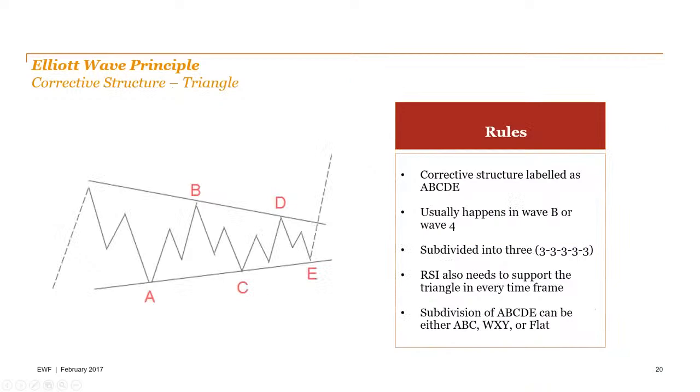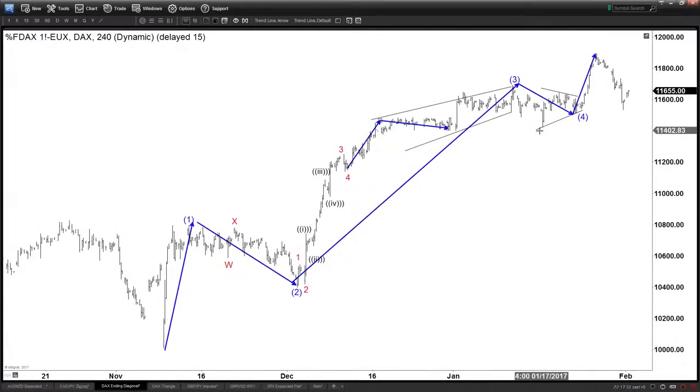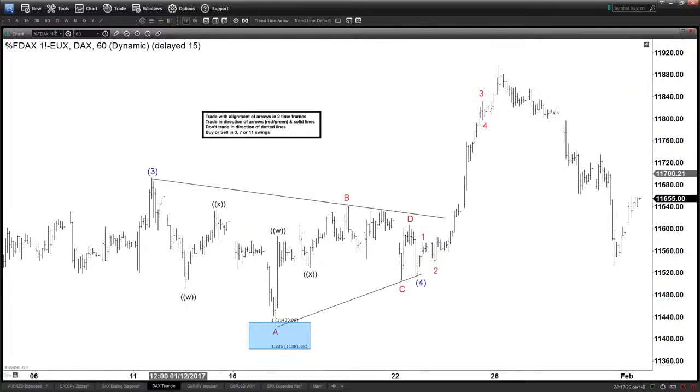Okay, so now let's take a look here at an example of a triangle. We took a look earlier at the DAX. You notice here wave 4 is a triangle. Now if I go to the lower time frame, this is the wave 4 in the DAX.